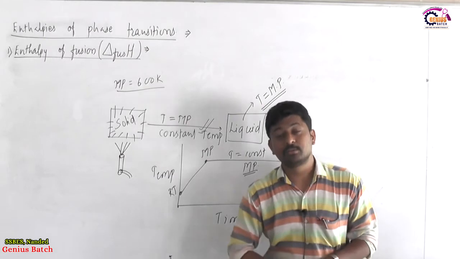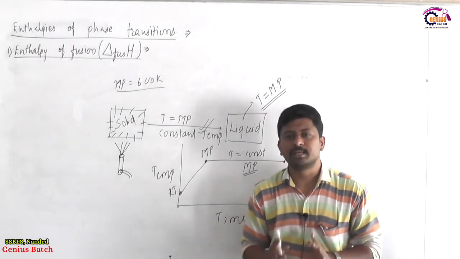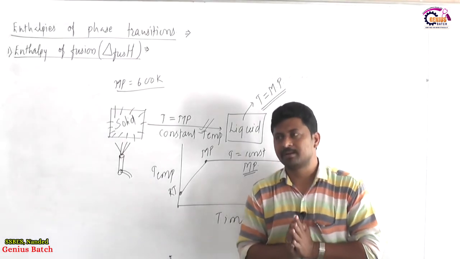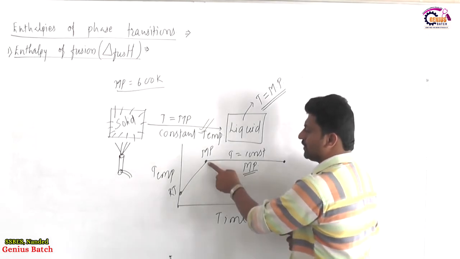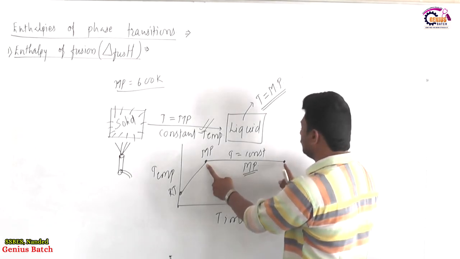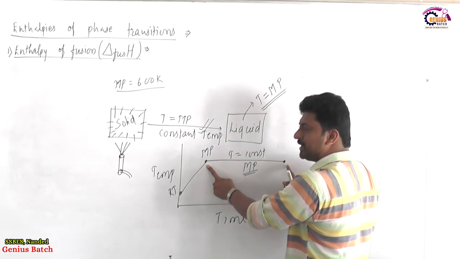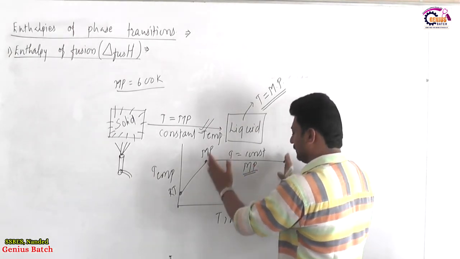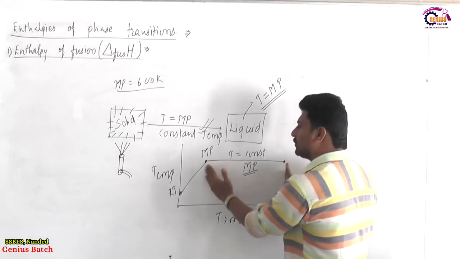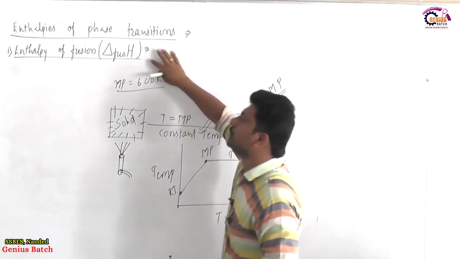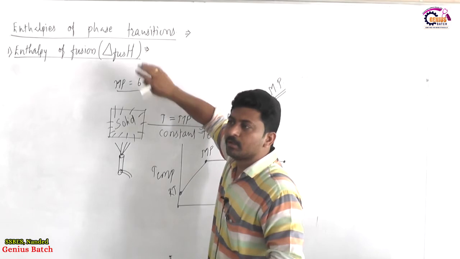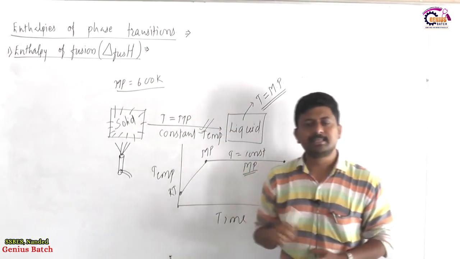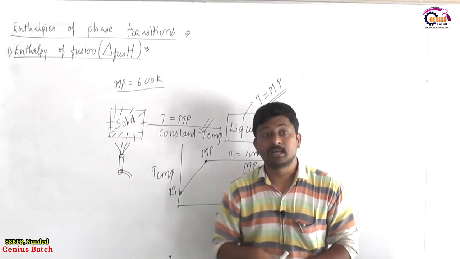So as a conclusion we can say, the amount of heat which is given to that matter from this point where it starts to convert to this point where it is completely converted to liquid, this much heat content given in this time slot is the enthalpy of fusion. This heat content is its enthalpy of fusion.